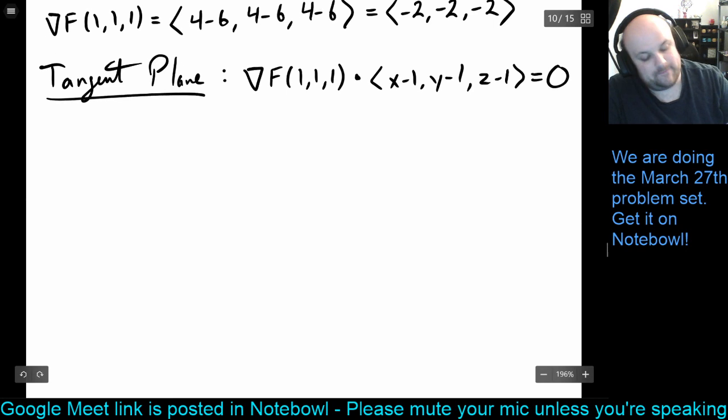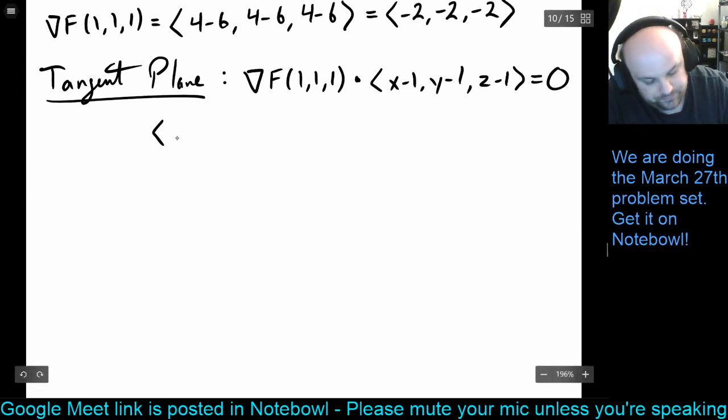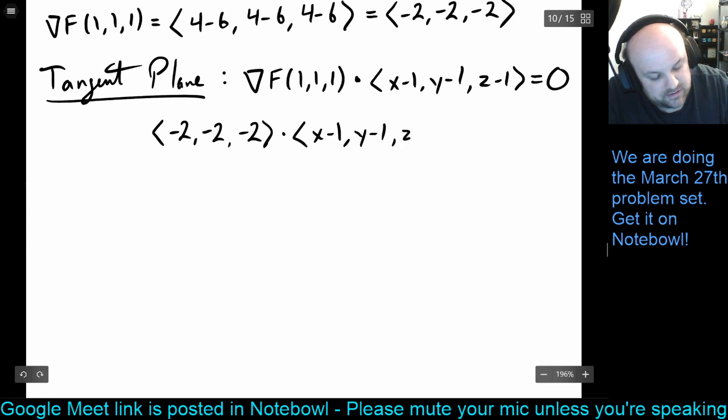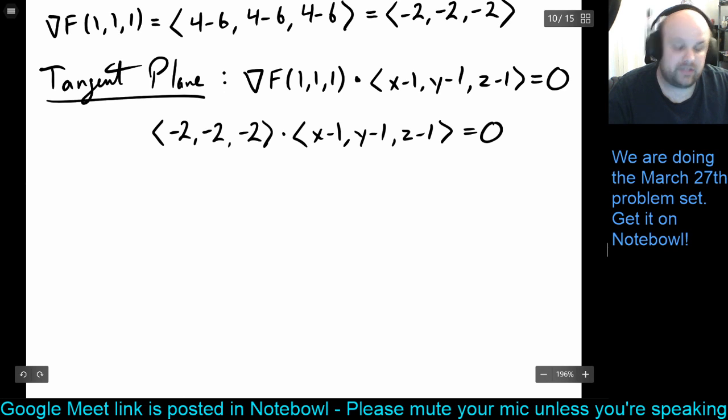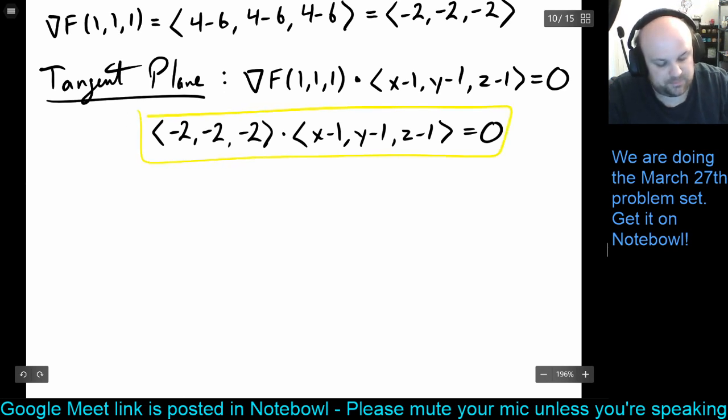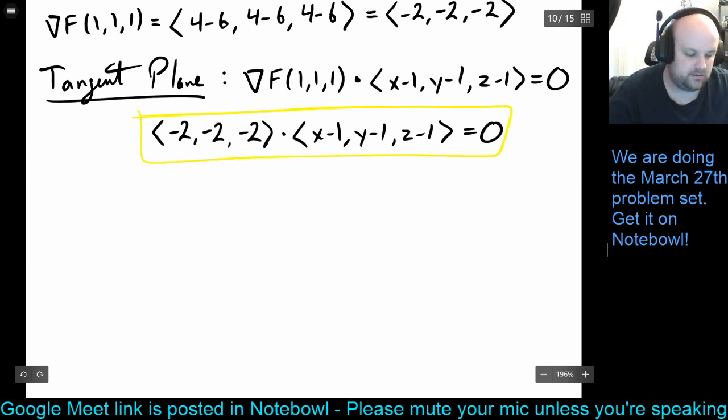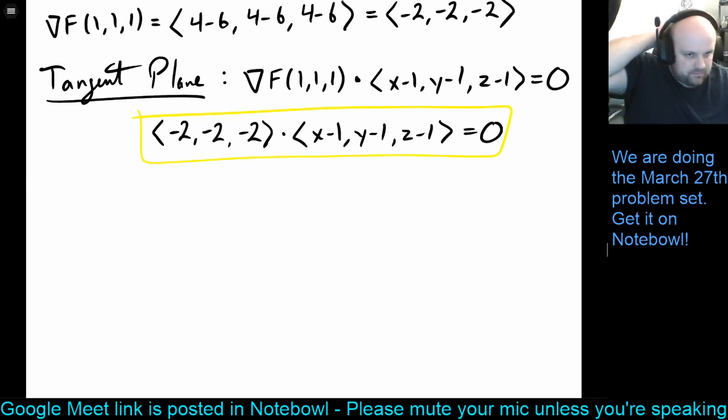So I have -2, -2, -2, dot product with x minus 1, y minus 1, z minus 1, equals 0. And really, it's perfectly fine to stop here. This is the equation of the plane.